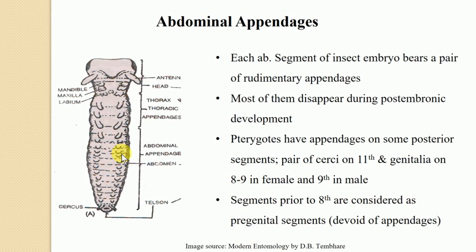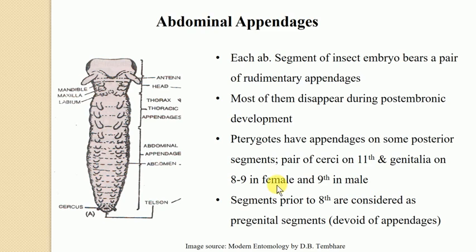Now among adult insects, particularly the pterygotes, the appendages are mostly on some posterior segments of the abdomen. For example, a pair of cerci is present on the 11th segment, which is a peculiarity of the hemimetabolous insects, and the genitalia is present on segments 8 and 9 in the female, while on segment 9 in the male.